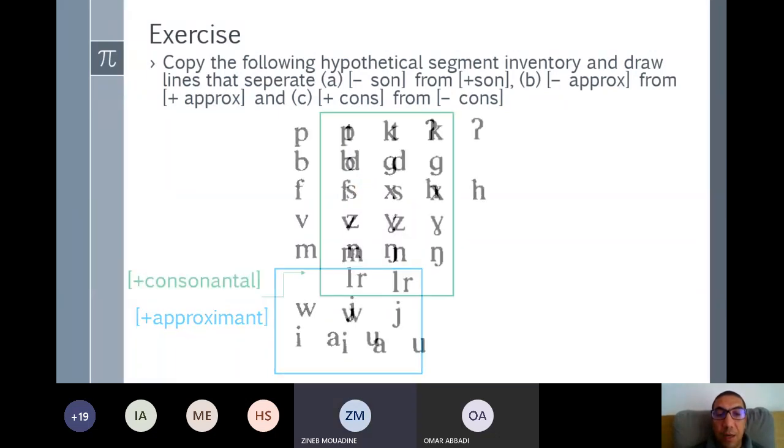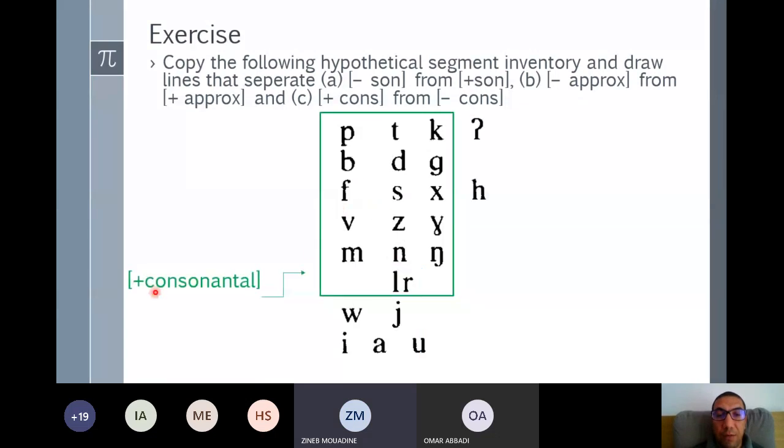This class in green consists of plus consonantal segments, and the rest are minus consonantal. Now the glides and the vowels and the glottal sounds are minus consonantal, because these are like semi-vowels.